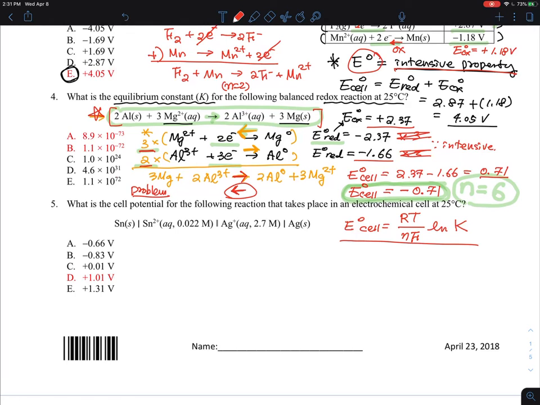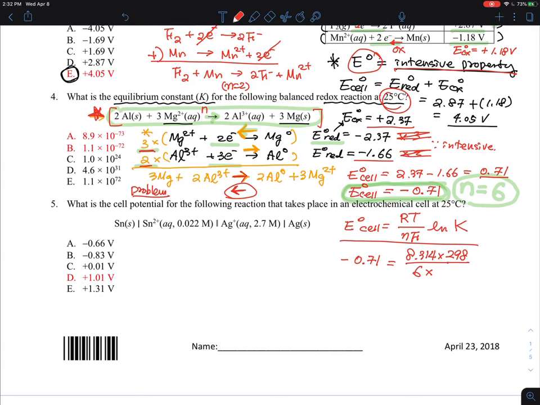So let's plug in the numbers, which is minus 0.71 volt, and then R is 8.314, and the temperature, I'm pretty sure it says somewhere, is 298 Kelvin, 25 degrees C, and you have 6 electrons involved in this reaction as written here, right?